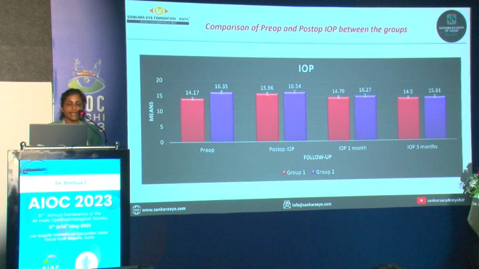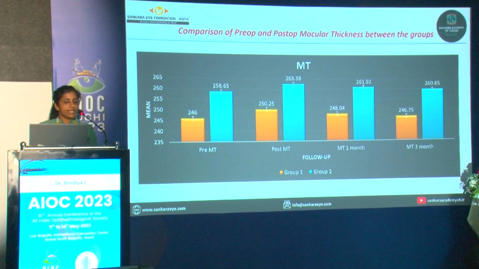So it was found that in both the groups, mean IOP increased in the first week of follow-up, but at 1 month and 3 month follow-up, the mean IOP decreased in both the groups. Similarly, macular thickness also increased in the first week in both the groups. But in 1 month and 3 month follow-up, it decreased. And it was found that IOP increase and macular thickness increase was more in Group 2 than in Group 1.